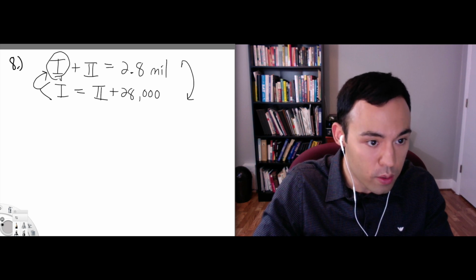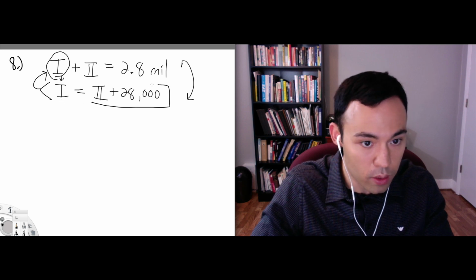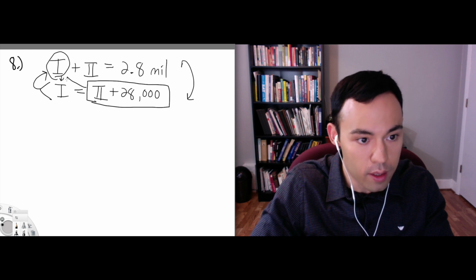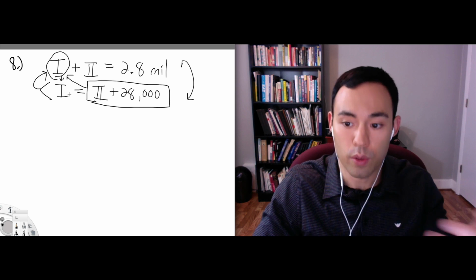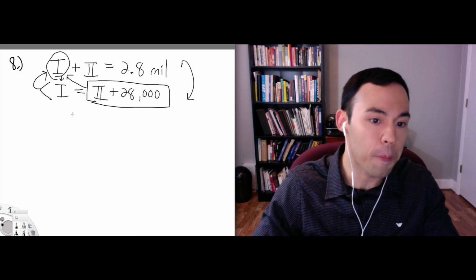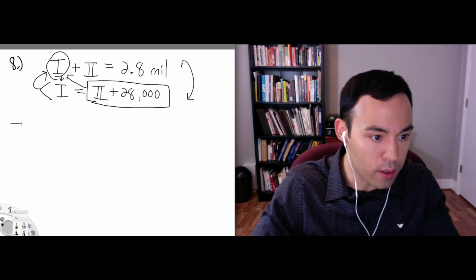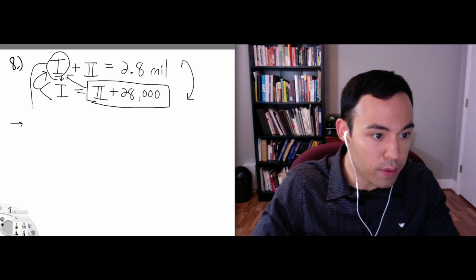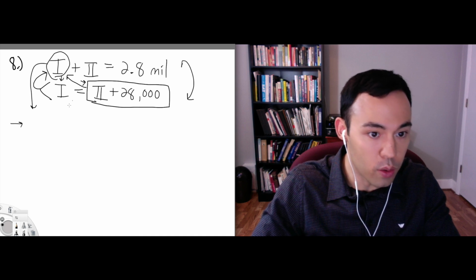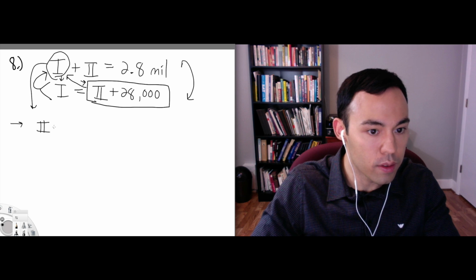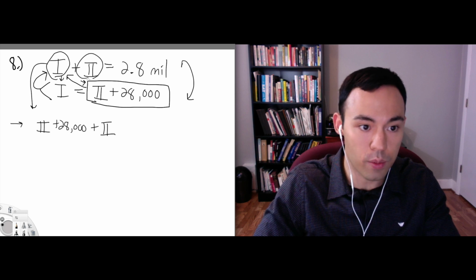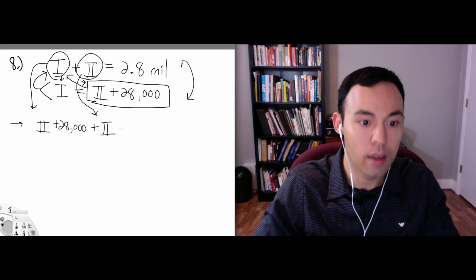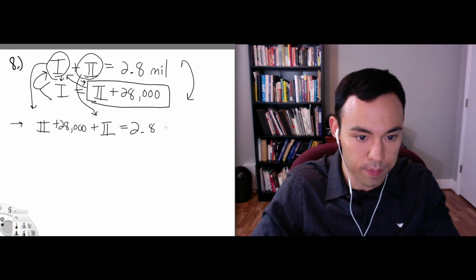And we're going to plug in this whole bit here into there. And we're going to end up finding how many votes candidate 2 got, which will then lead to us finding how many votes candidate 1 got. All right, so let me just rewrite down here. Instead of just I, we're going to put in its equivalent, which is candidate 2 plus 28 grand, plus candidate 2 again. By the way, that came from right up here, just rewriting, equals 2.8 million.